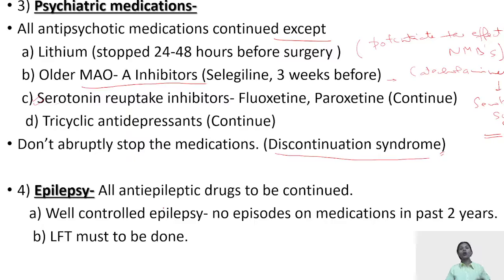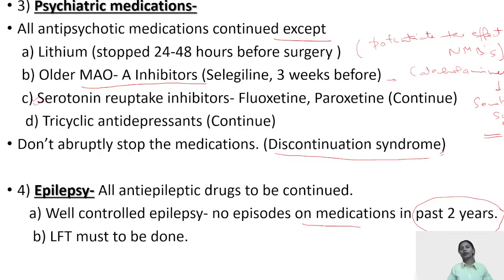Coming to epilepsy, all anti-epileptic drugs have to be continued, right? And what is said to be a well-controlled epilepsy? It is when there are no episodes on medication in the past 2 years.